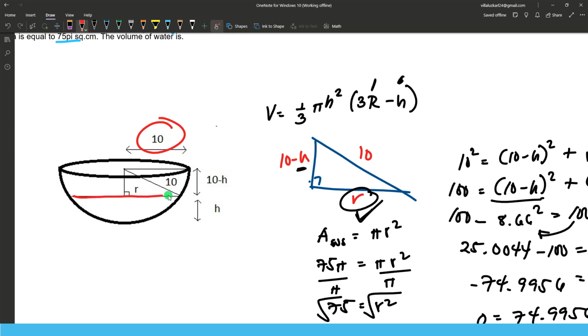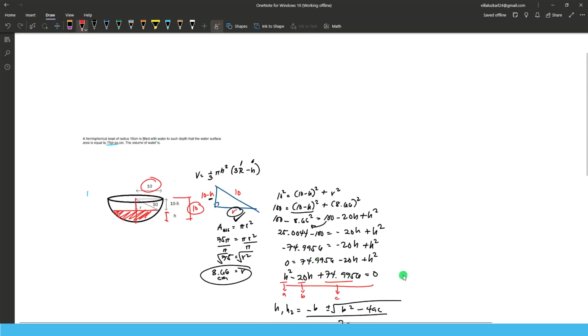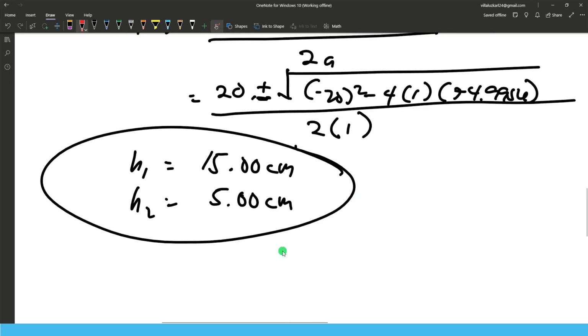If it is not fully filled, the distance from the center to any point of the sphere is 10, which is the radius, so your height h should be less than 10. Basing on the two, the correct value of h is 5 centimeters, because 15 centimeters is greater than the radius. It means that the water is overflowing on the hemispherical ball.